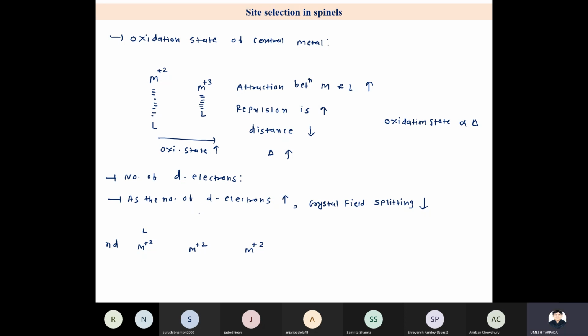Number of d electrons, its orbitals go away from nucleus. So number of d electrons increases, attraction decreases. Repulsion distance increases. Repulsion decreases. So crystal field stabilization energy also decreases.